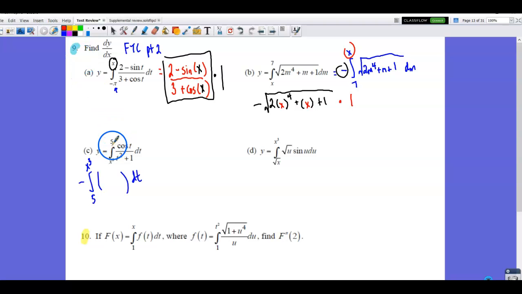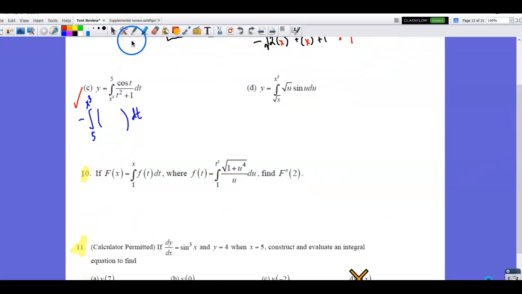Letter C, the bounds, we reversed them right here. Let's bring this down. So remember, we're going to take out the t and take out the t. We're going to put in the new function of x cubed. So there's x cubed and x cubed.